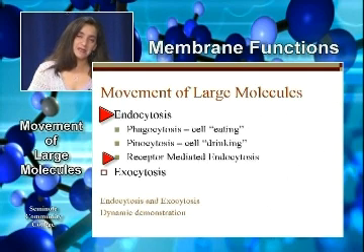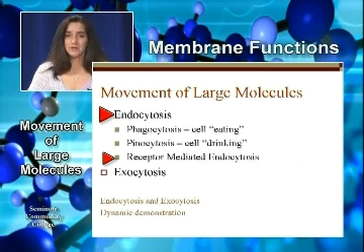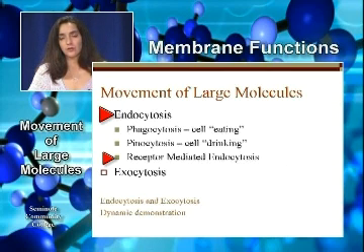And receptor-mediated endocytosis actually has markers or receptors on the cell membrane that are very specific to certain molecules and will only bring in those molecules along with a little bit of the extracellular fluid. And this is whenever the cell itself requires some specific molecules.